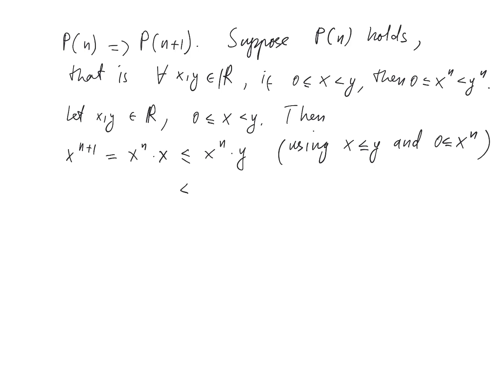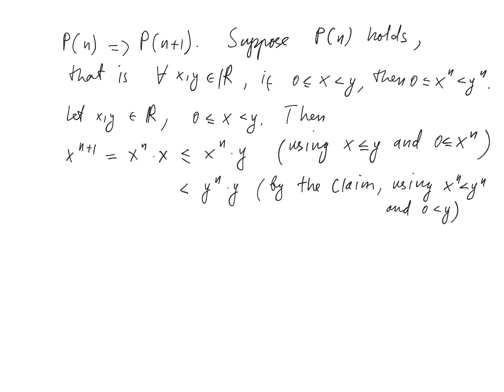Now we get that this is less than y to the power n times y by the claim that we have just established, and using the inductive assumption that x to the n is less than y to the n and 0 is less than y, and y to the n times y is just y to the power n plus 1. So combining these observations, we conclude that x to the power n plus 1 is strictly less than y to the power n plus 1.